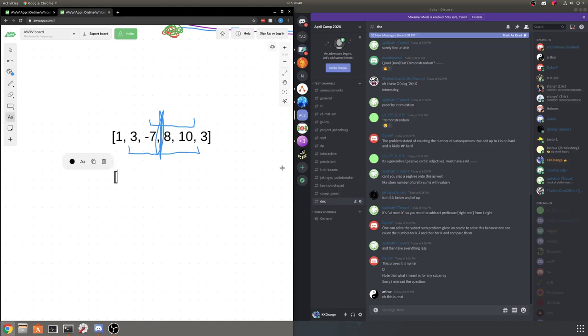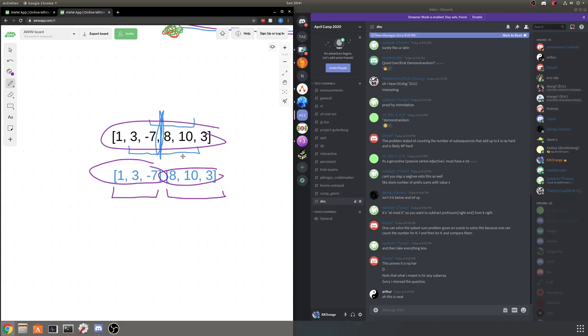recurse into our two halves like this. Recurse into our two halves and count the number of subarrays that have sum at most k on the left side and on the right side, and they'll be completely independent of each other, and just add up the three answers that we get and we'll get the total number of subarrays that have sum at most k.